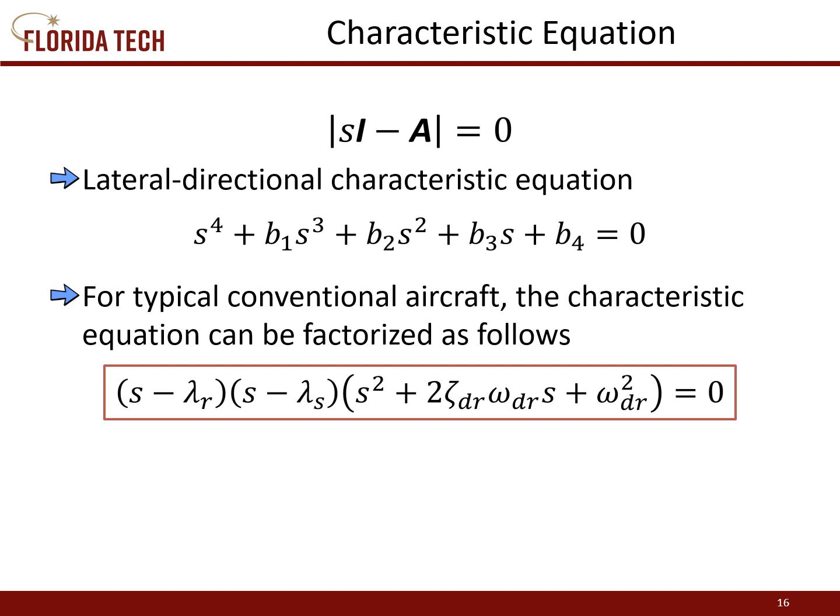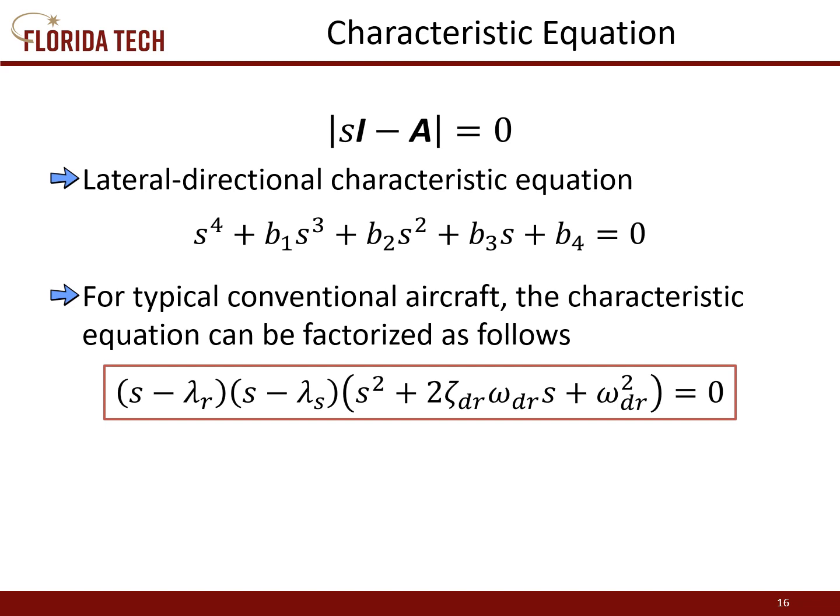With the A matrix defined, which is the plant of the system, which is going to help determine our modes of motion and our characteristics, we'll use that A matrix and solve the determinant of sI minus A, set that equal to 0 on the right hand side, and that's going to give us, at least in the denominator of any transfer function, a 4th order polynomial, like we saw when we solved the longitudinal equations.